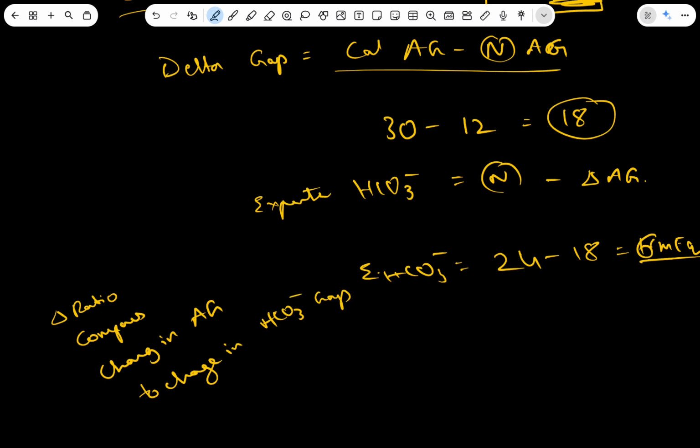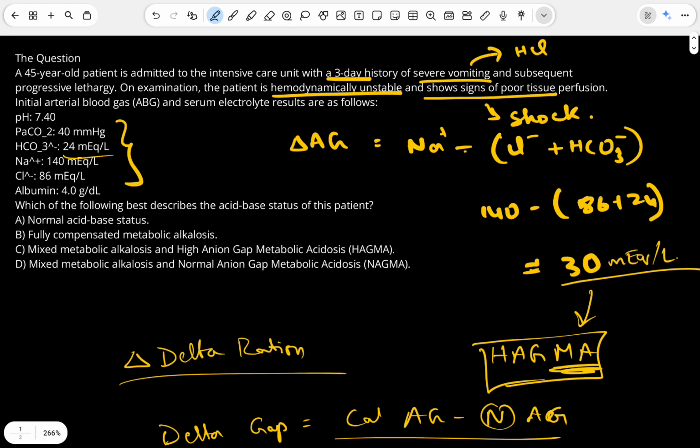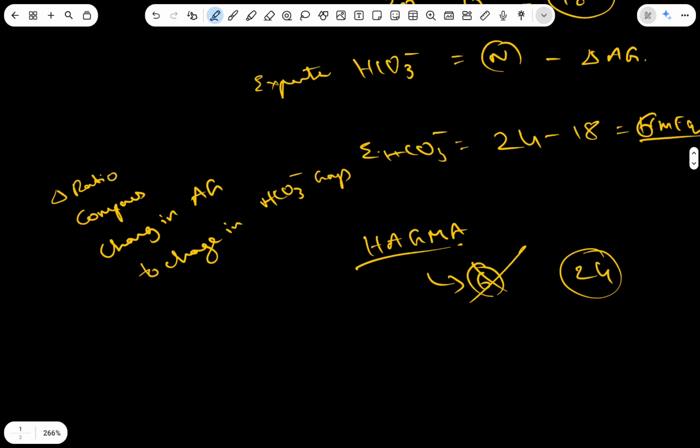So if it were pure HAGMA, that means high anion gap metabolic acidosis, bicarbonate should be 6. But instead, as we see in the question, it is 24. So what happens?